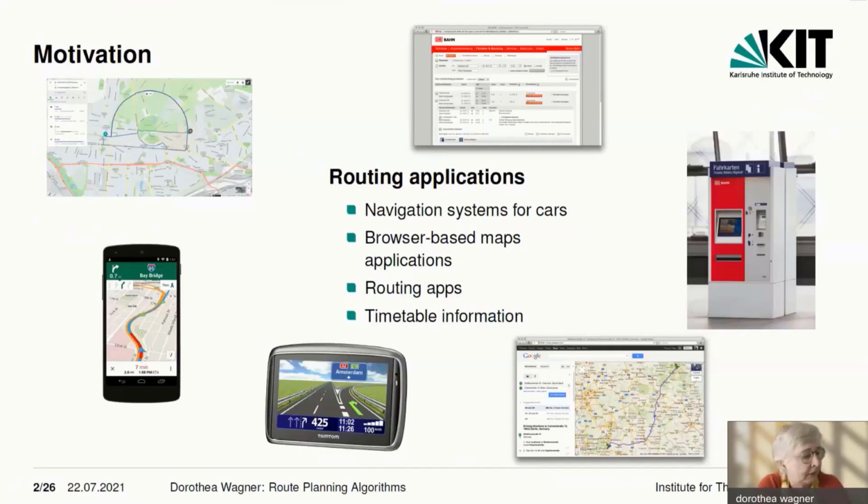And from the perspective of public transportation, of course, the timetable information systems such as the DB Navigator app or such machines at stations are more relevant, or seem to be more relevant, than navigation systems for cars like this TomTom system.